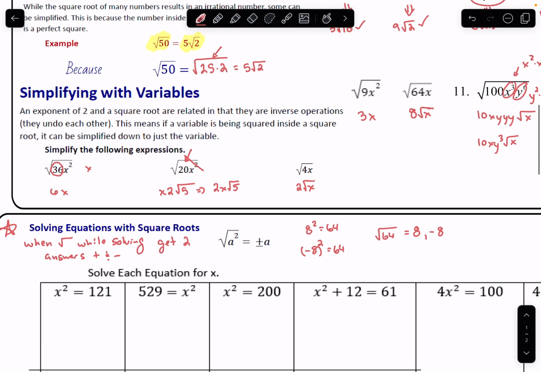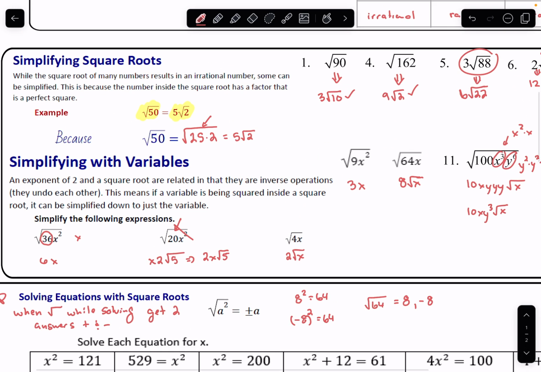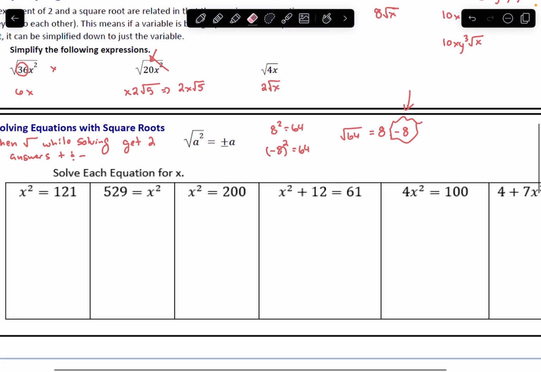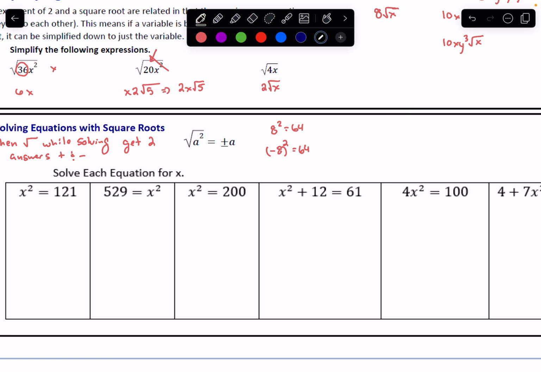Now, when I'm just square rooting numbers like we were doing up above, I don't worry about that negative answer. But when I'm solving an equation, this negative answer matters very much because when you are solving a quadratic equation, your equation is in the shape of a U. And so sometimes that U crosses the x-axis twice.